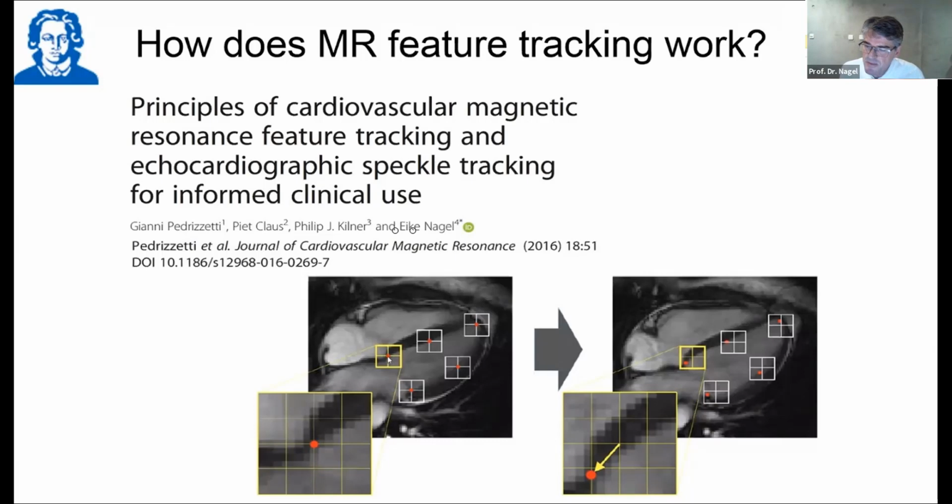The algorithm then in principle takes a box and looks if a point is detected at one part of the cardiac cycle in another part of the cardiac cycle, and as long as that feature remains in that box, it will track it and then create a new box and a new following pathway for that particle or that feature over time.